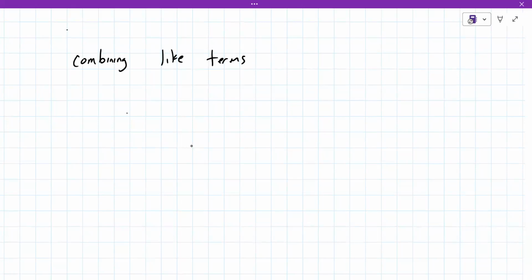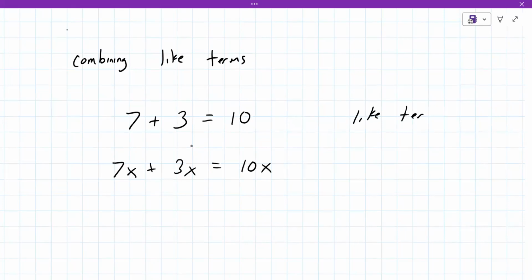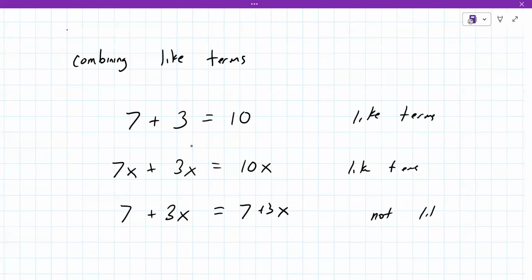So as a basic example, the reason we can add 7 and 3 is they are like terms. 7x plus 3x is 10x. Again, those are like terms. You're like, I got it. Well, what is 7 plus 3x? Are these like terms? And the answer is no, they are not like terms. It's just 7 plus 3x.